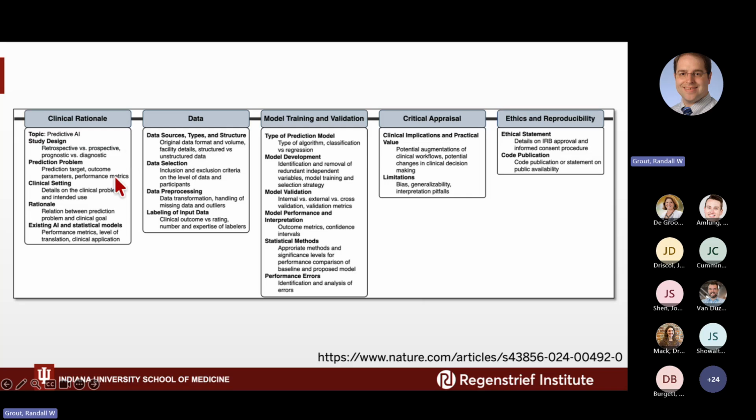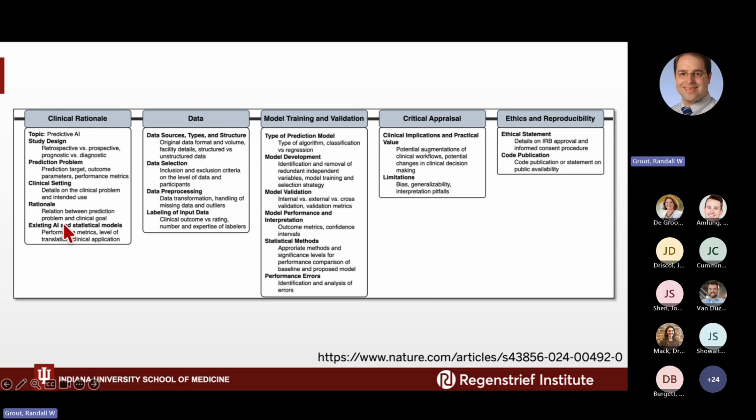There are some pretty common-sense types of things, and maybe some things that you might not think of exactly. Under clinical rationale, to describe the topic, to describe the study design, these are things that aren't too surprising if you're familiar with writing a manuscript.